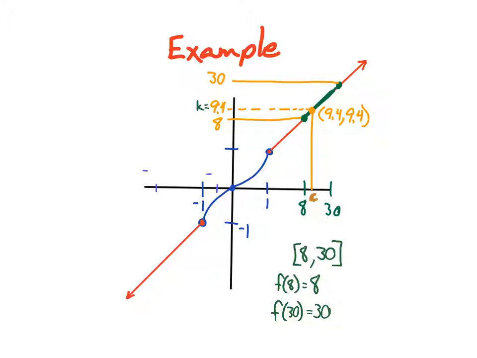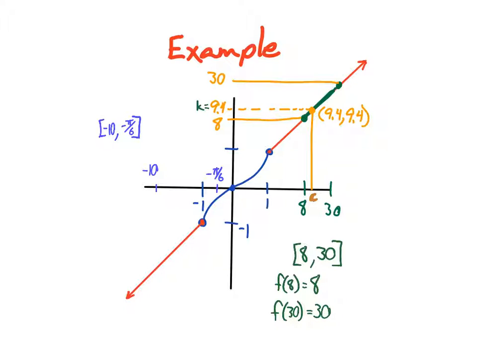Let's say our closed interval goes from negative 10 to negative pi over 6. So there's our closed interval. Negative pi over 6, 3.14 divided by 6, is somewhere around a half, a little bit less than a half.